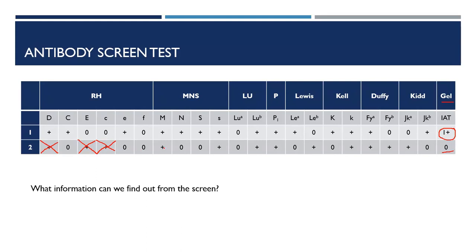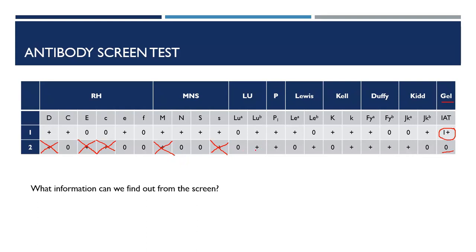Moving on over, M and N are antithetical pairs, so M is present in double dose, so I'm going to cross that out. Our next antigen that is present is little s, its partner is big S, so because it's present in double dose, I can cross it out. In the Lutheran, I only have Lutheran B present.